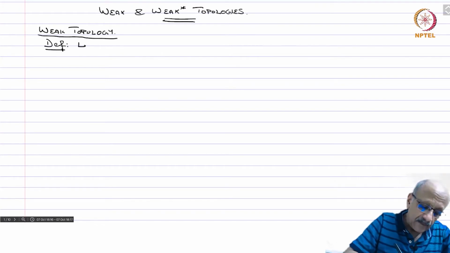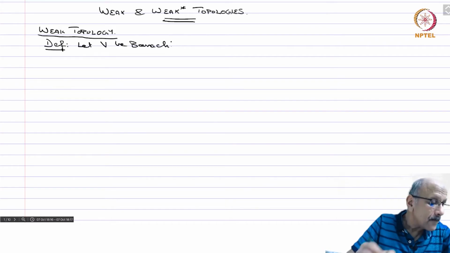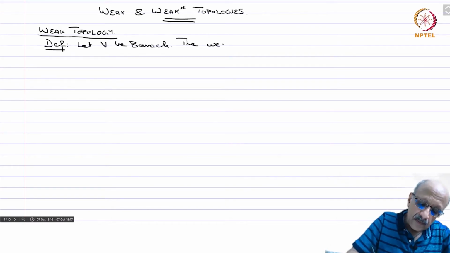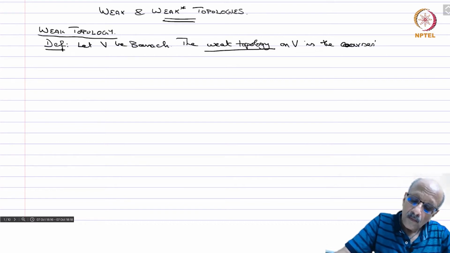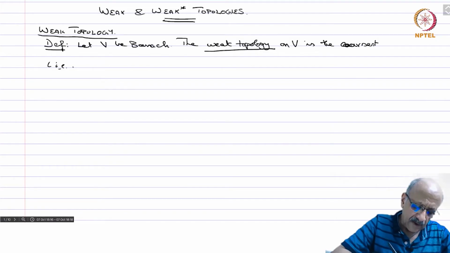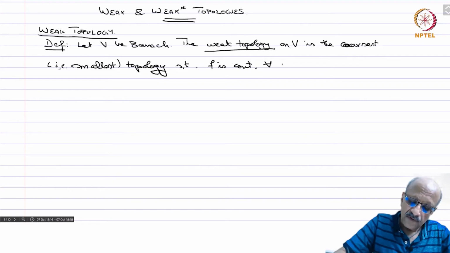Let V be Banach. The weak topology on V is the coarsest, that is smallest, topology such that f is continuous for every f in V star.